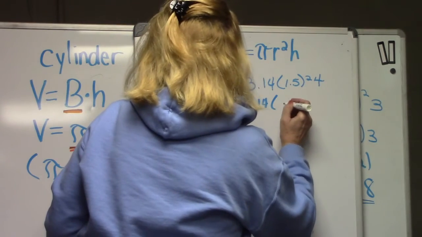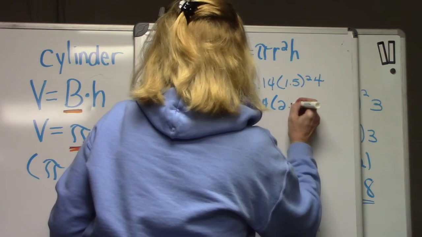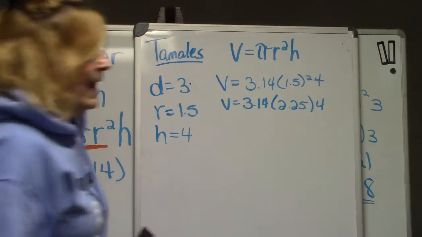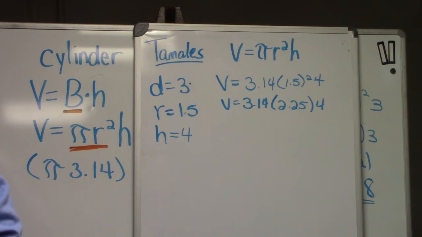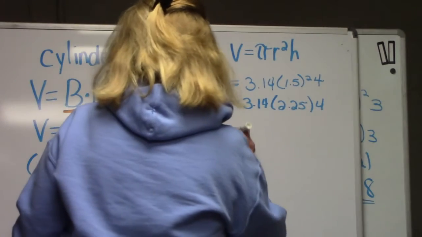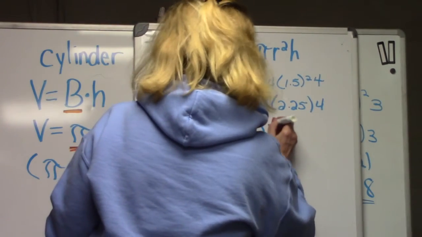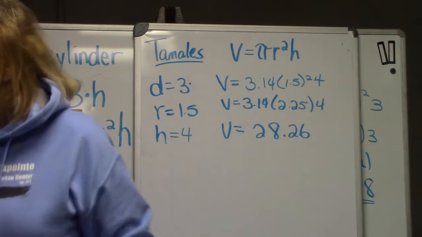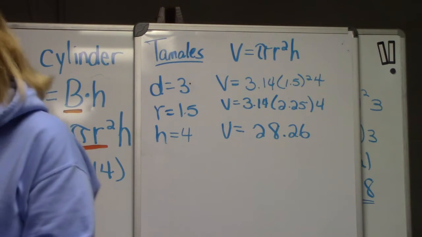And then 1.5 squared is 2.25 times 4. And most of you can punch all that into your calculator. And we get volume equals 28.26 for our cylinder can of tamales.